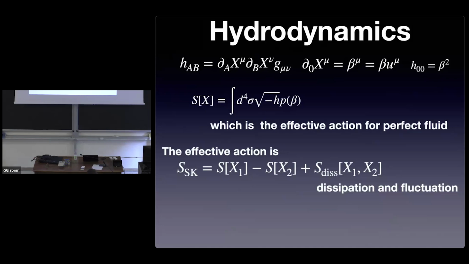Then if you consider the Schwinger-Keldysh action, it has this kind of configuration. Usually we also impose the KMS condition or something like that, but in this talk this is not so important, so we skip that concept. In any case, the effective Lagrangian has this kind of form. So this is the hydrodynamics.